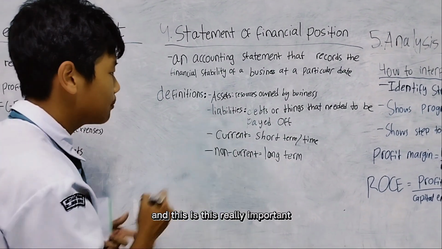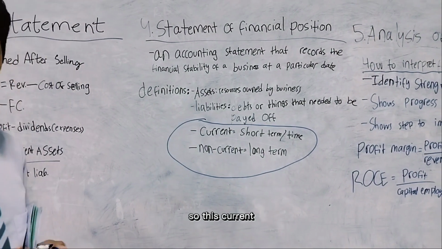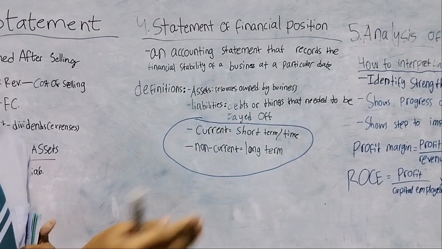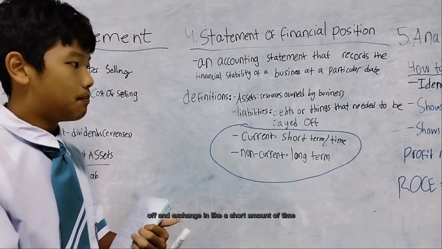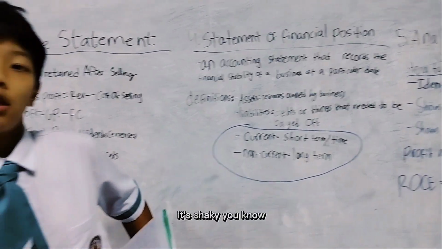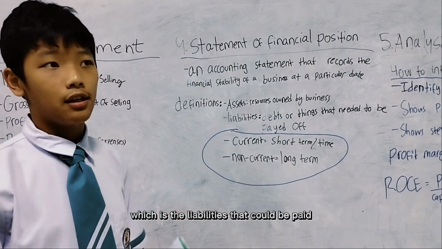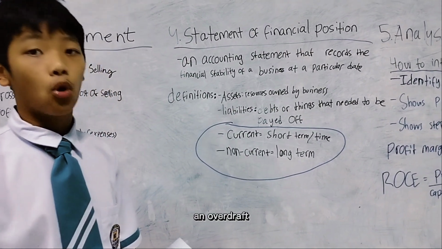And this right here is really important. We forget this all the time. Current means short term, which is basically quick. There are current assets, like money, which can be exchanged in a short amount of time. And there are current liabilities, which are liabilities that could be paid off in a short amount of time, like an overdraft.